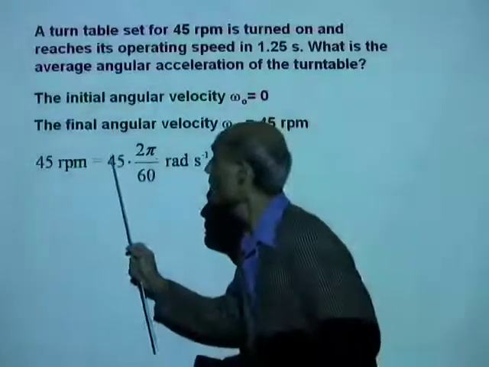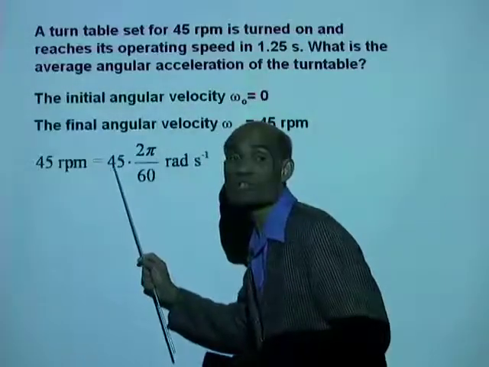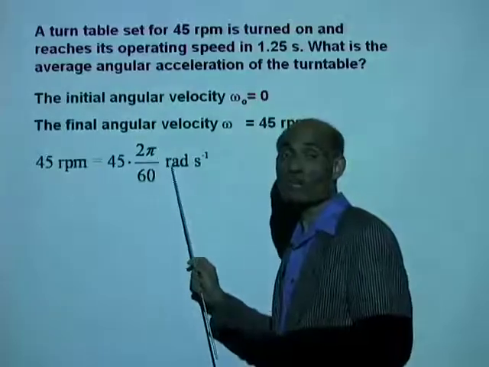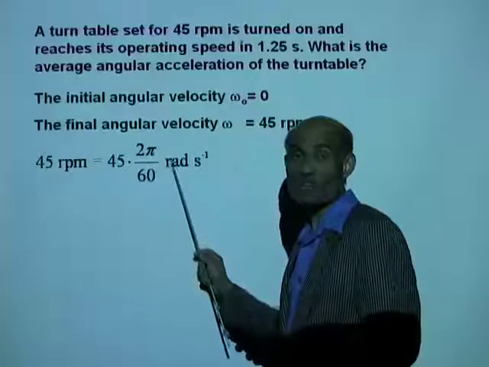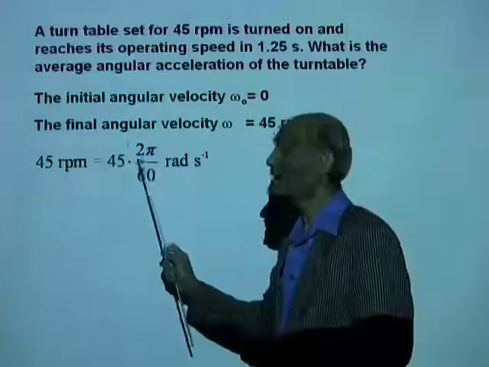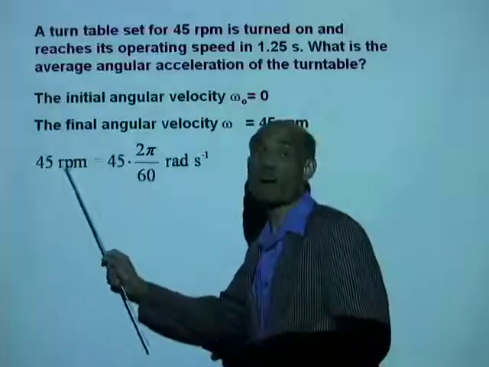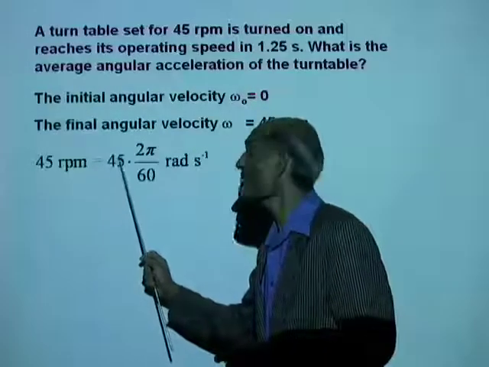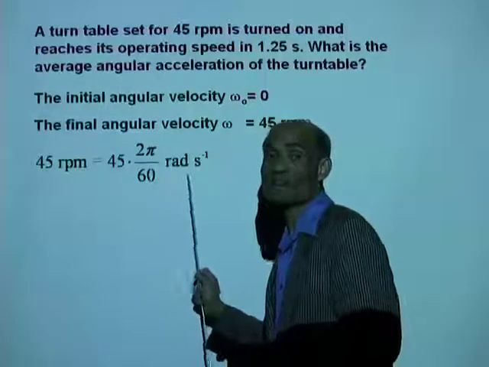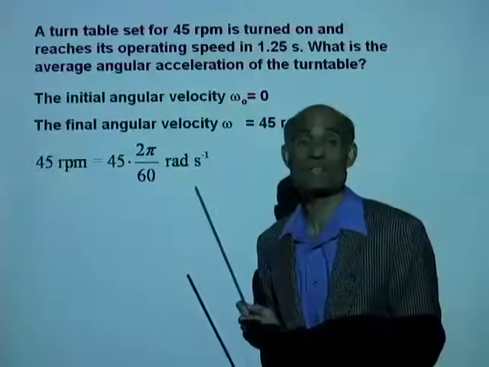In other words, 45 revolutions is 45 times 2 pi radians, and so many radians are described in 1 minute, which is 60 seconds. Therefore, 45 RPM is the same as 45 times 2 pi divided by 60 radian per second.